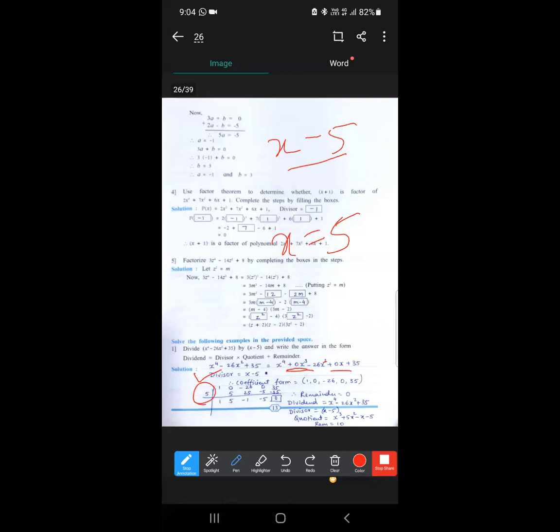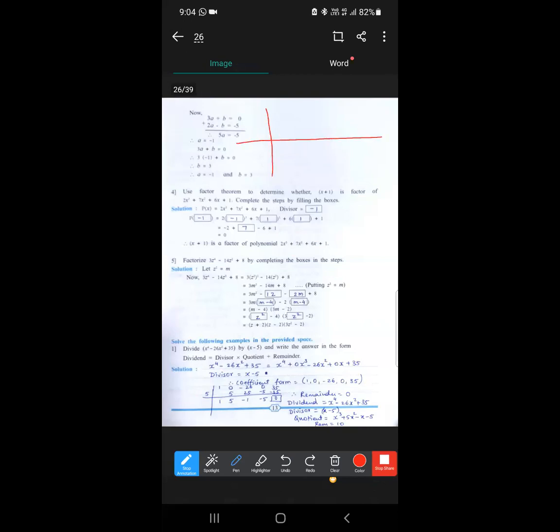Okay, so whatever the coefficients are, you need to write them: 1, 0, minus 26, 0, 35. And here the divisor I have written is 5. Now synthetic division has a specific format.